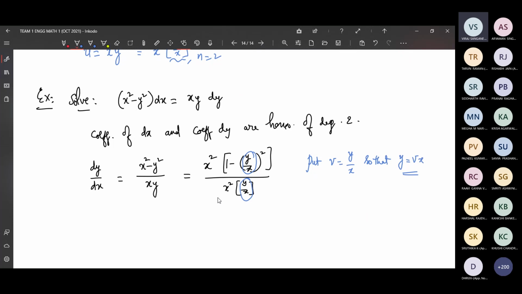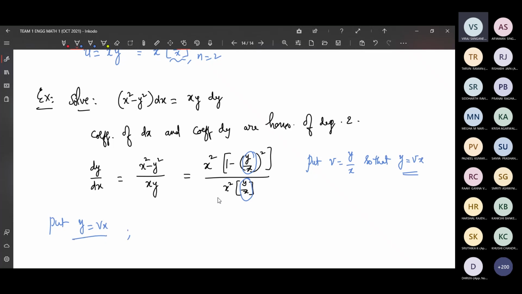Now what we have to do is put y equal to vx in the equation. Okay, put y equal to vx. Then can you tell me what is the derivative of this?